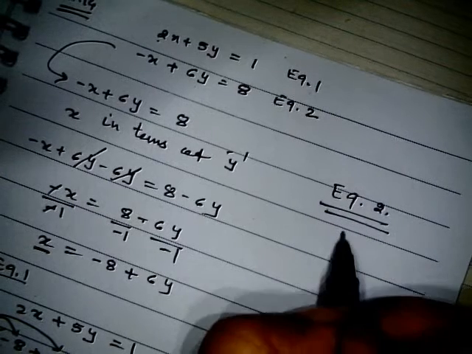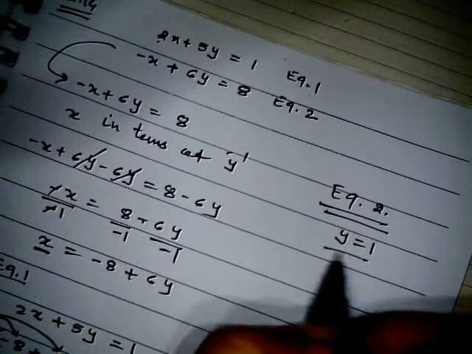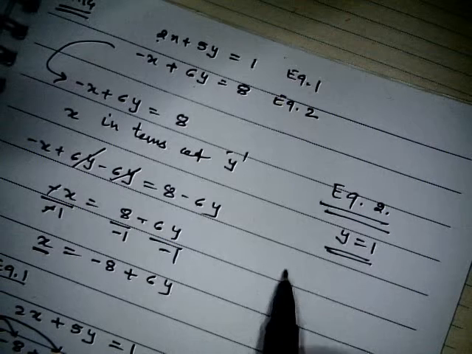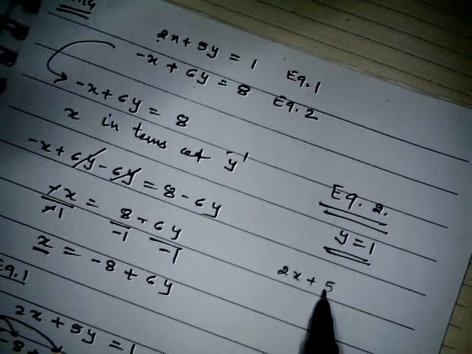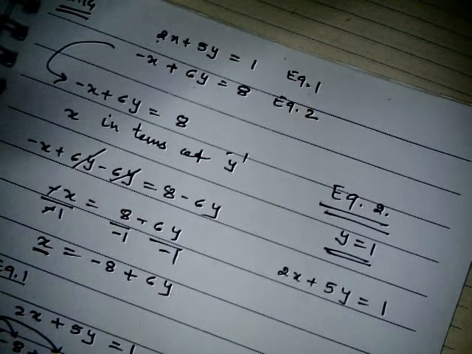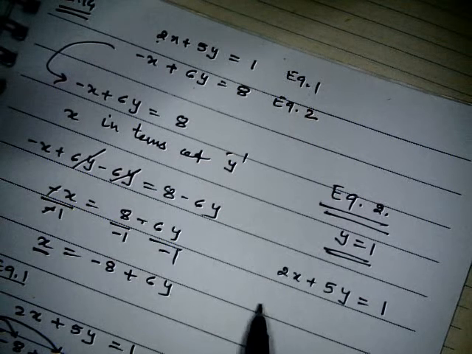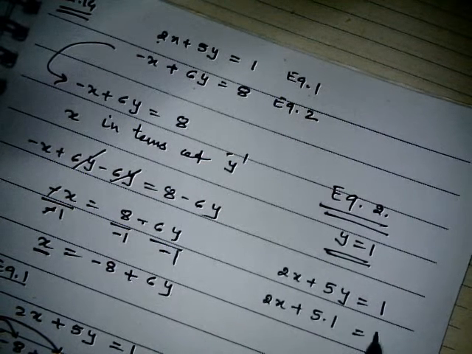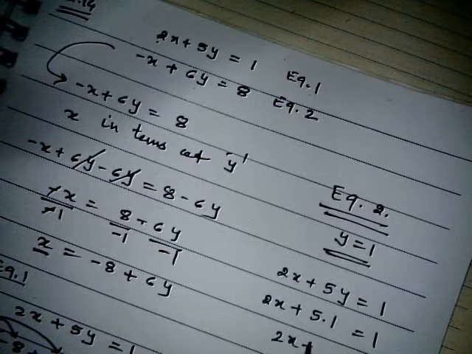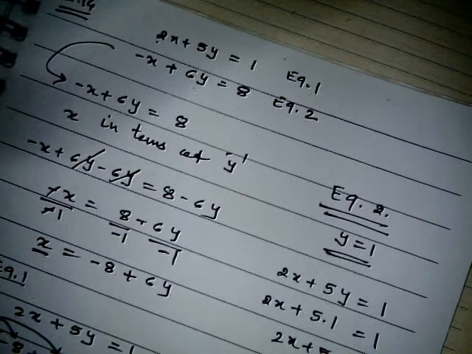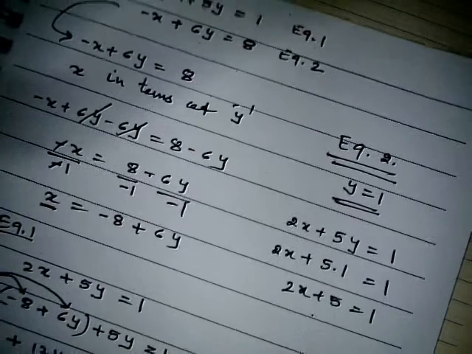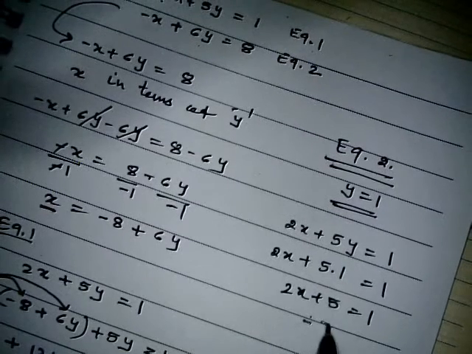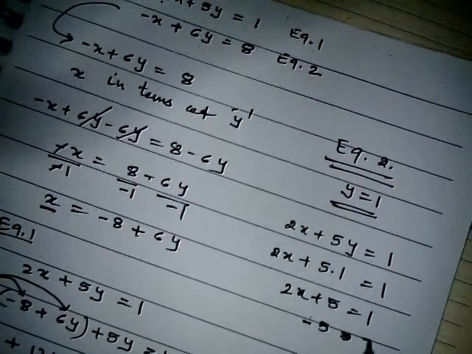I am going to take equation 1, that is 2x plus 5y equals 1, and in this I am going to plug in the value of y. Now to remove this 5, I need to subtract 5 on both sides. This cancels out. 2x equals negative 4.